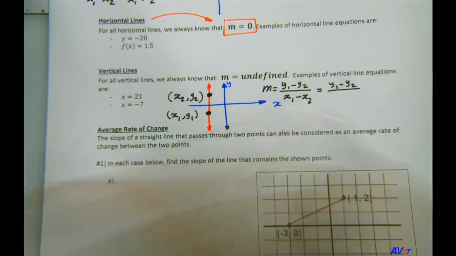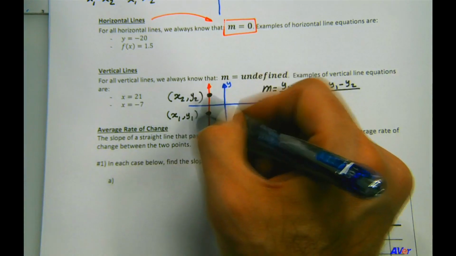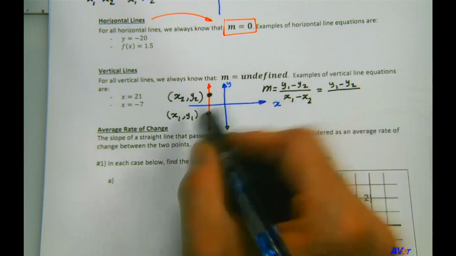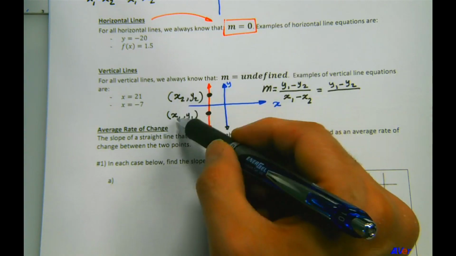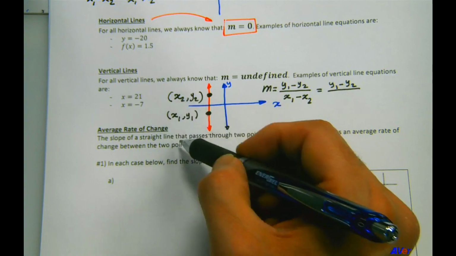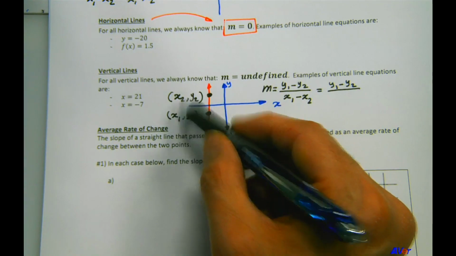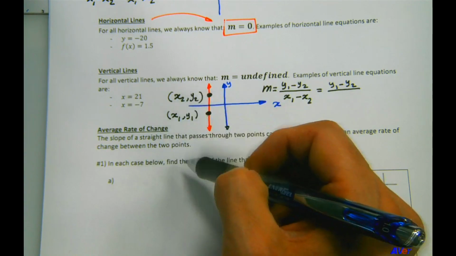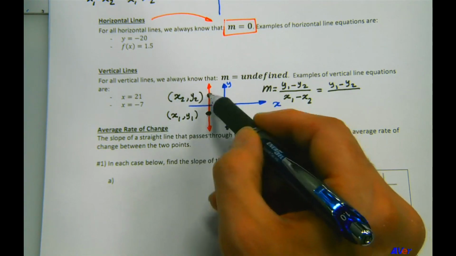It doesn't matter what the values of y1 and y2 are, okay? Now, take a careful look at x1 and x2. Would the values of x1 and x2 be the same or would they be different?